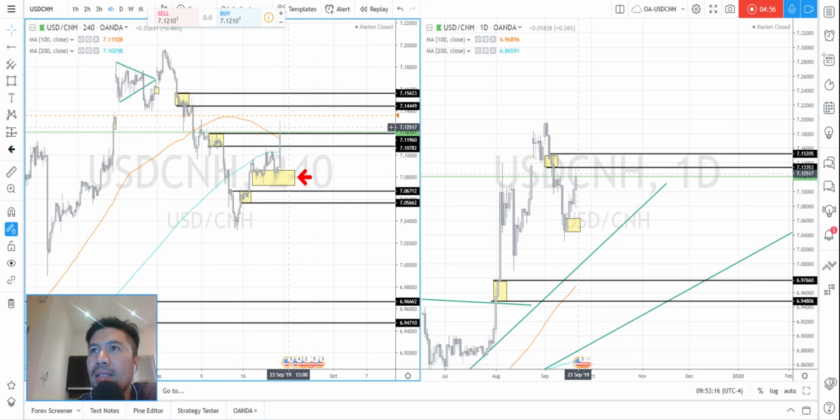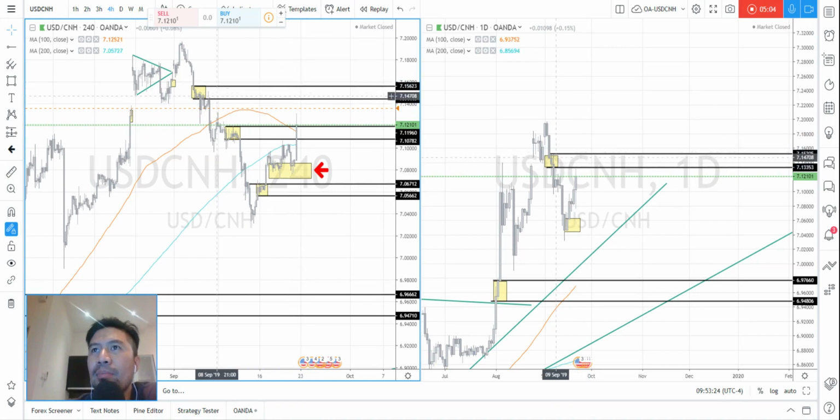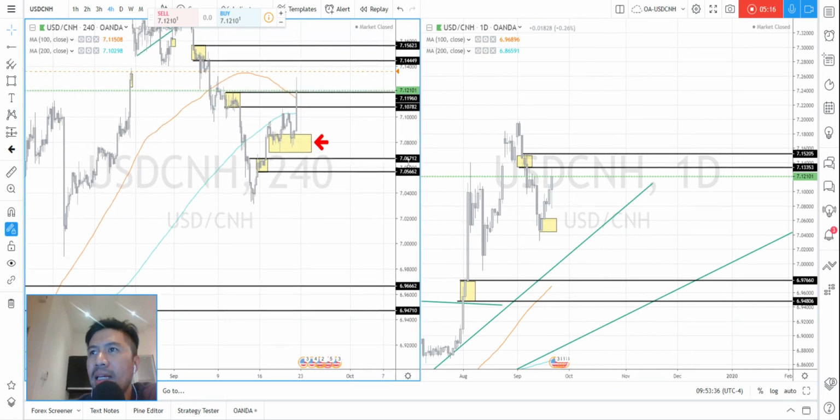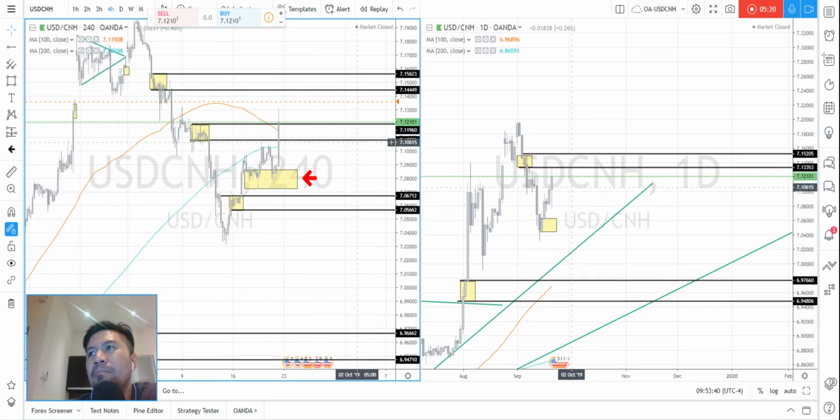So it depends, maybe this coming Monday, on the formation of the price, we cannot tell. But yeah, there's a potential to sell right here. I think the profit potential is fine enough.